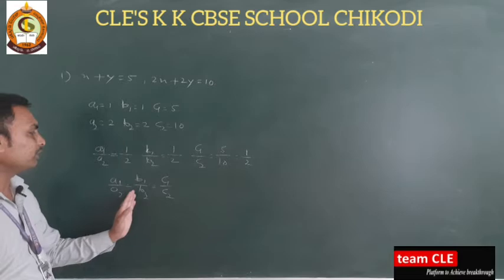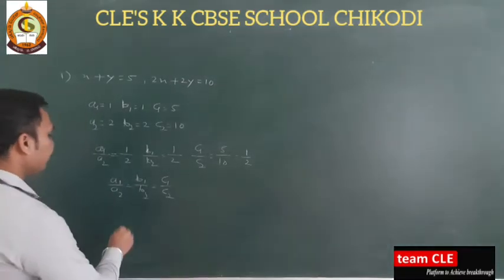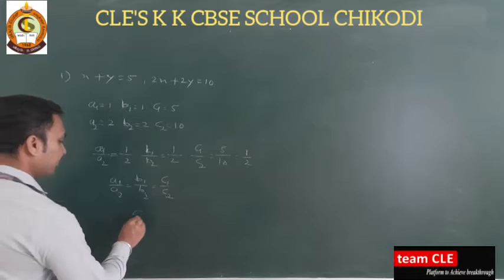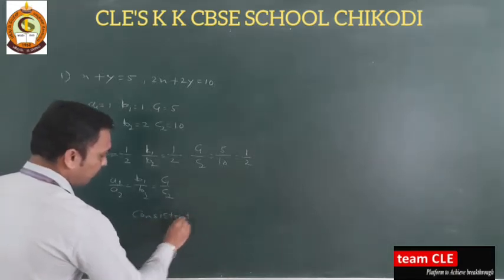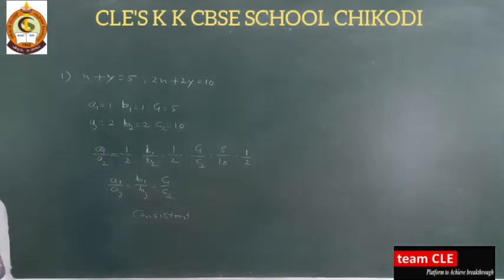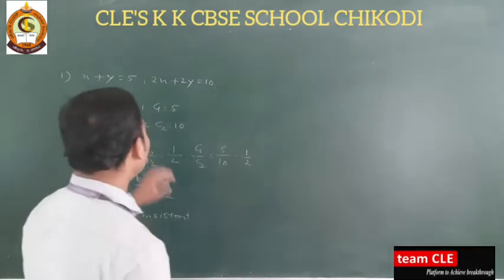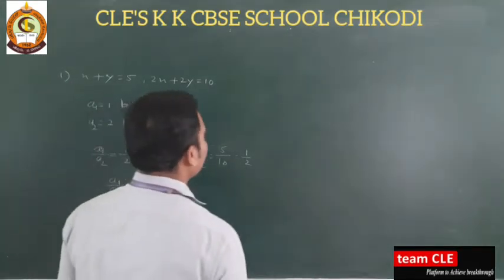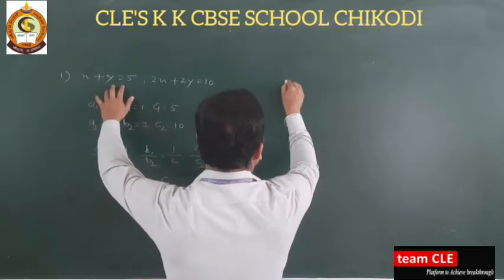So A1 by A2 is equal to B1 by B2, which is equal to C1 by C2. Therefore this is consistent. If it is consistent, we obtain the solution graphically. We need to go for the graphical representation.